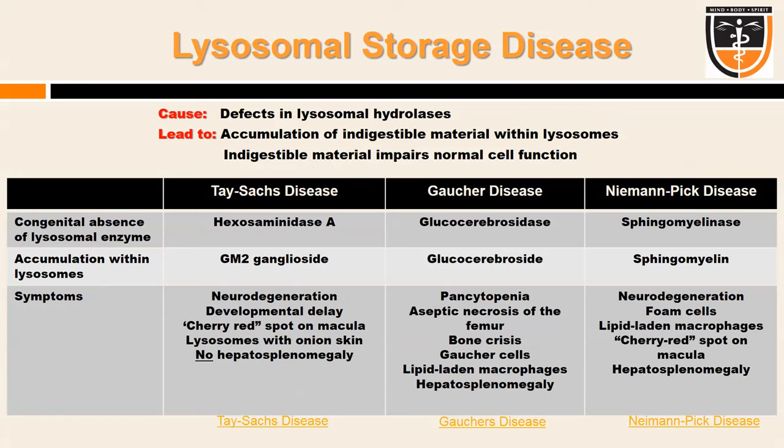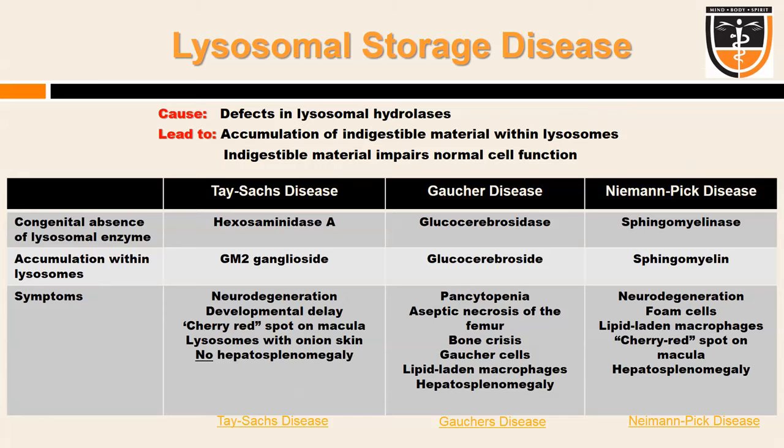And the next is Niemann-Pick disease, which is characterized by the absence of sphingomyelinase. You know what myelin is? It's the coating that coats neurons. So they can't digest myelin. These cells lack sphingomyelinase, so they accumulate sphingomyelin.